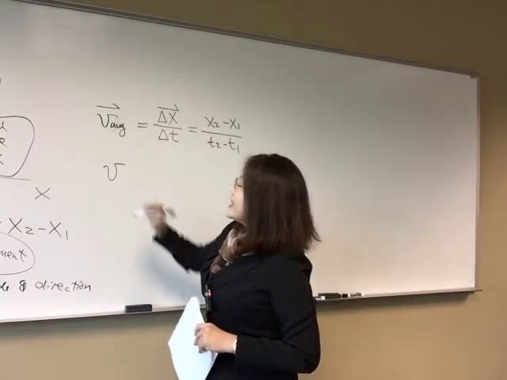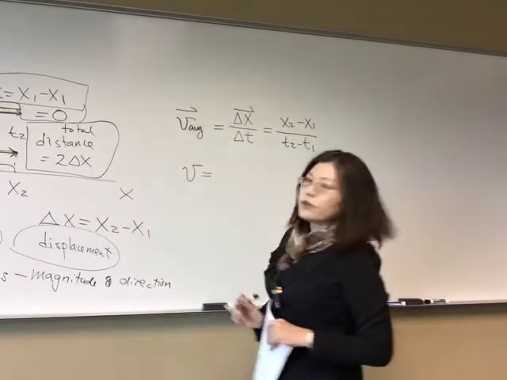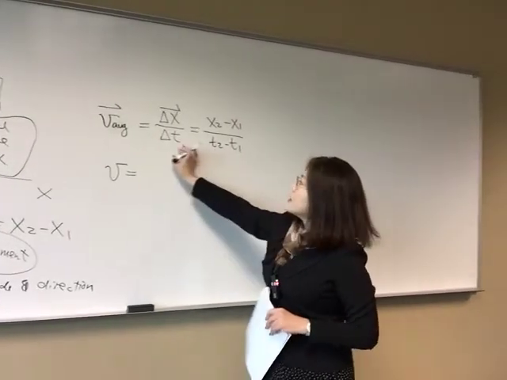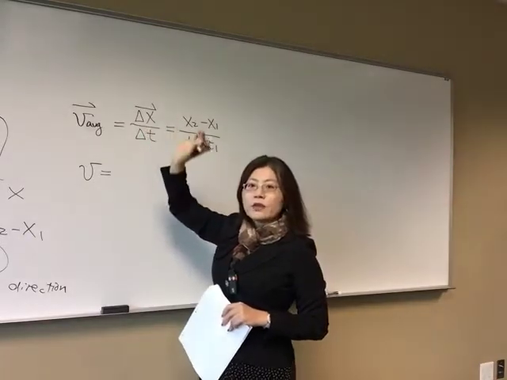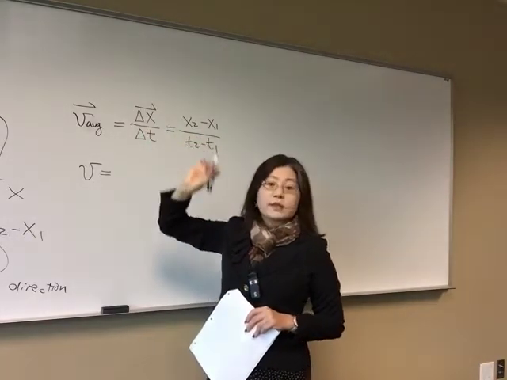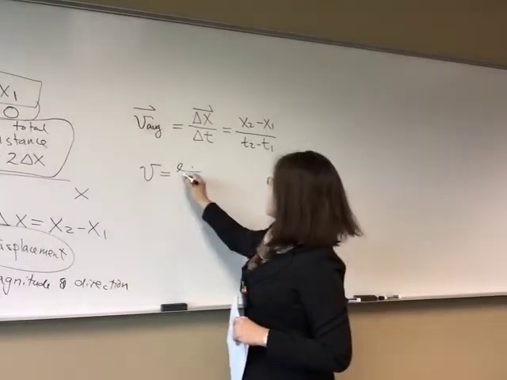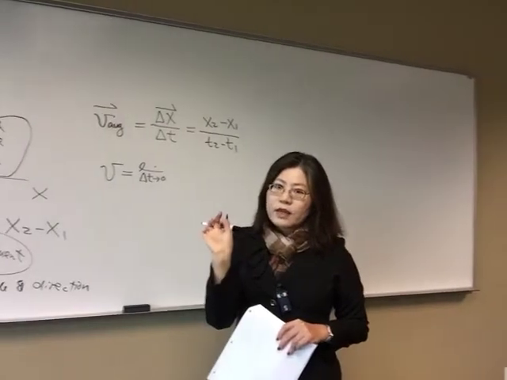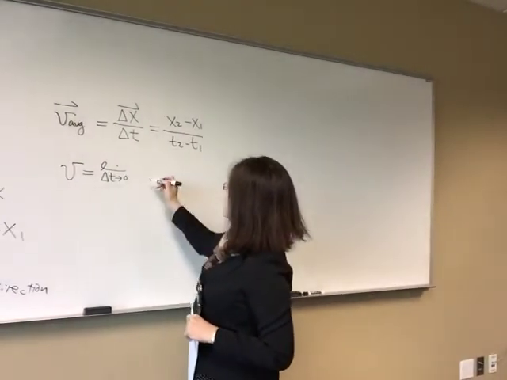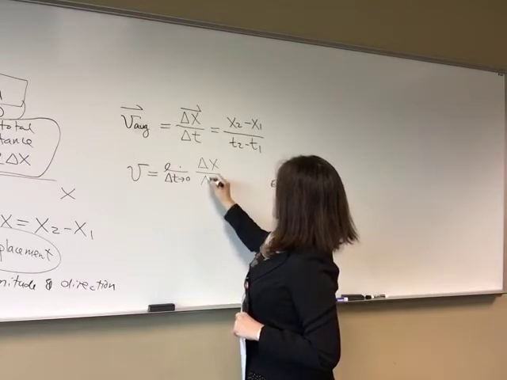So what is the instantaneous velocity? Instantaneous velocity can be found if we shrink the time and find out what is the displacement that took place during that time, which is approaching 0. Using mathematics, your delta t approaches 0, so you narrow the gap of the time interval, and then you have this delta x over delta t.